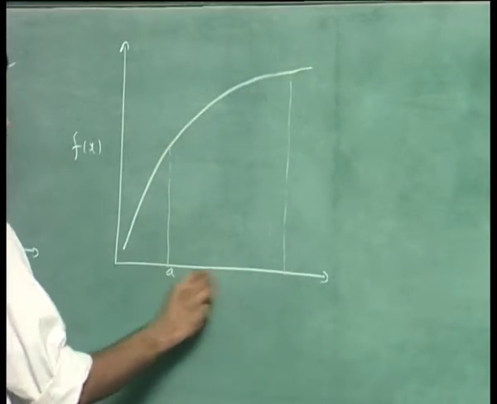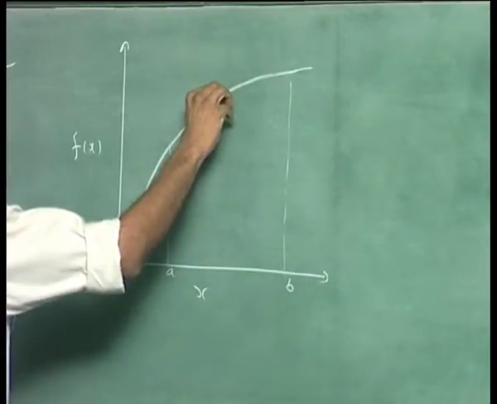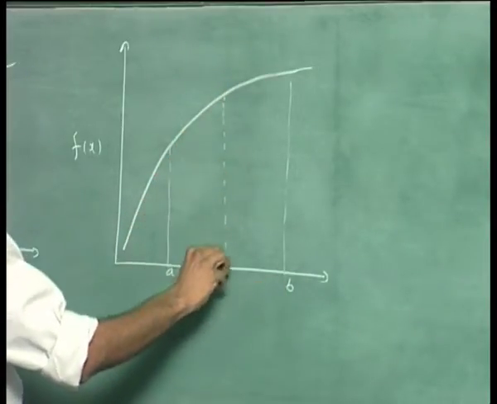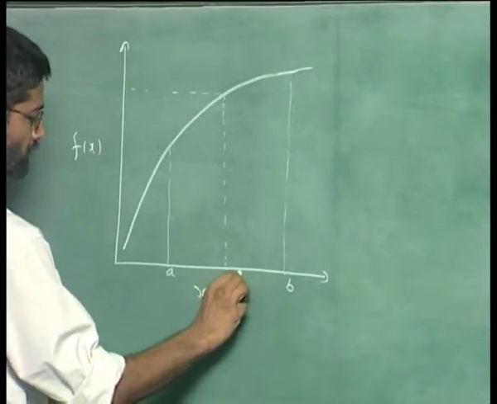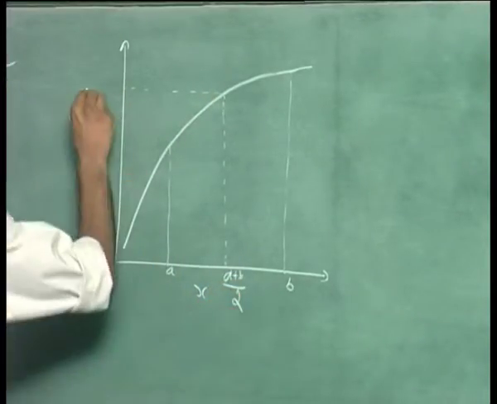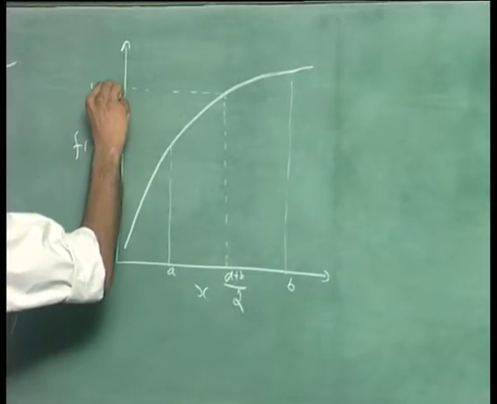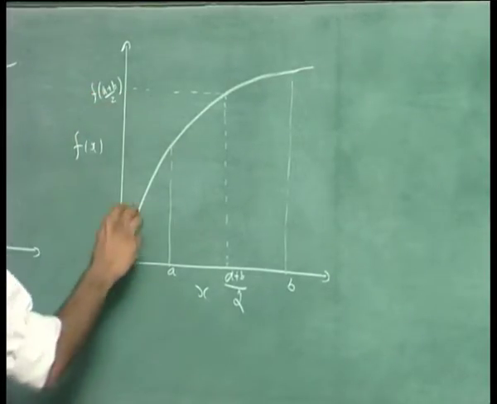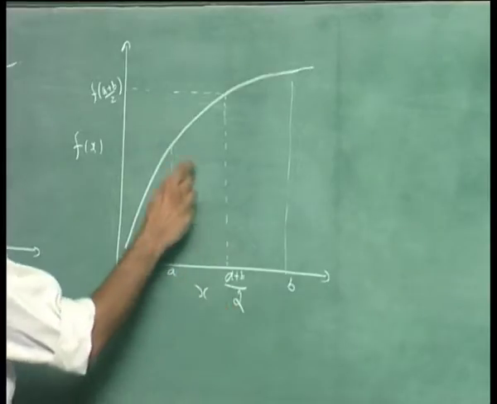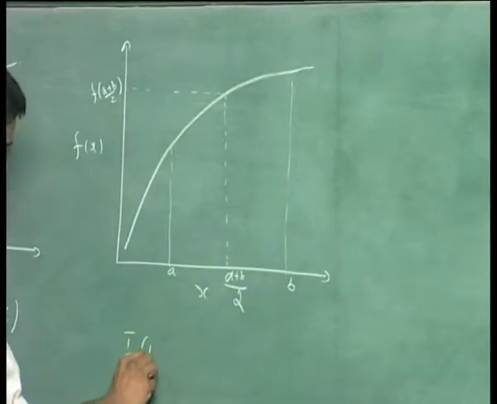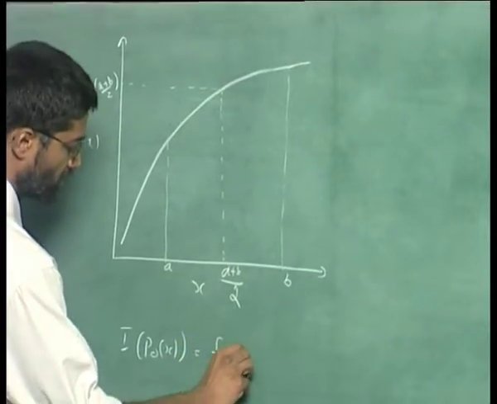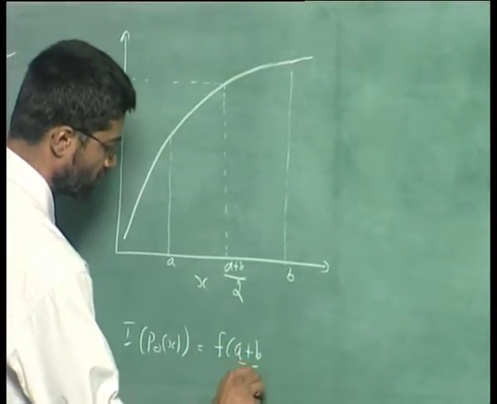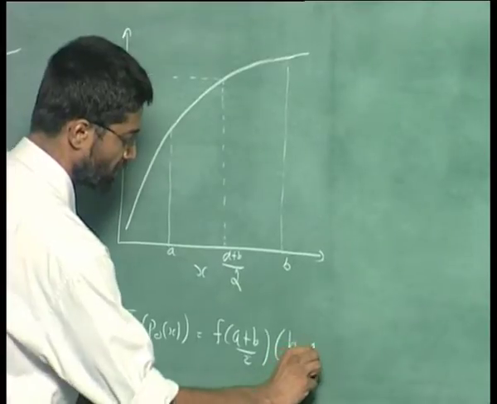So, that is a and that is b, but I will tabulate the function in the middle here, f of a plus b by 2. Okay, that is a plus b by 2, and I have the function value at a plus b by 2 here. And then I will compute I of p0 of x, which in this case is f of a plus b by 2 into b minus a.